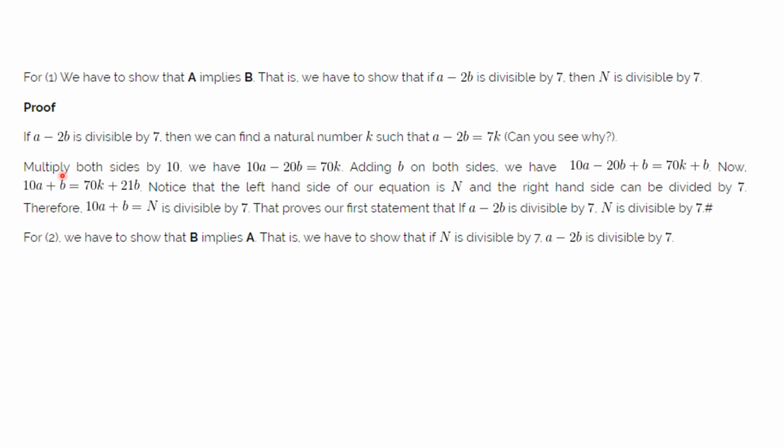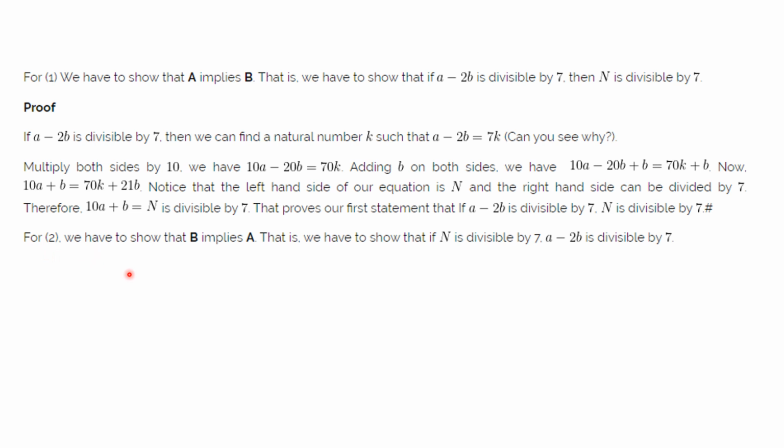So going from this step to this step, we add 20B to both sides, and so we have 10A plus B is equal to 70K plus 21B. Notice that the left-hand side of our equation was what we called n, and the right-hand side can be divided by 7. Therefore, this is divisible by 7. So we've assumed that A minus 2B is divisible by 7, and we've proven that n is divisible by 7. So we've proven our first step.